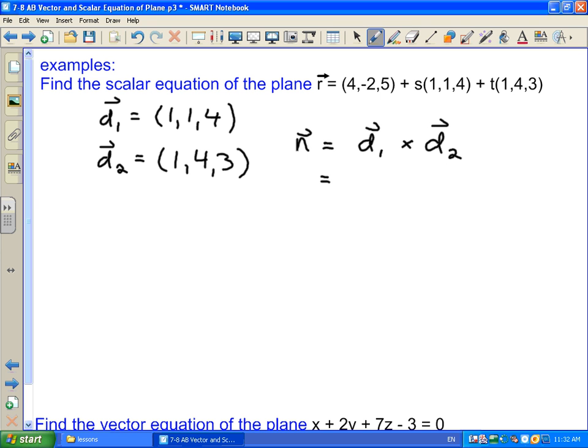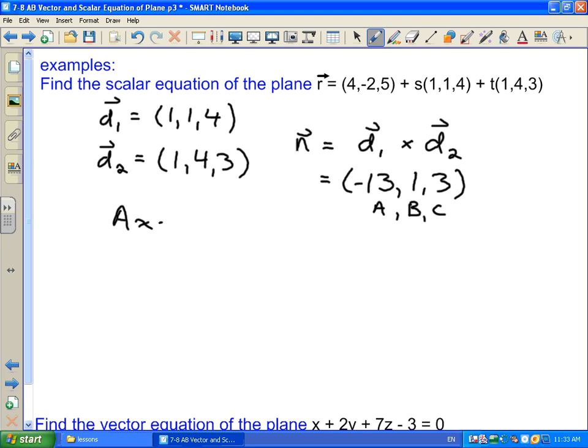Okay. So we would set up our little table here, and then we would work out the individual components. I'll just tell you that the cross product of those two is (-13, 1, 3). So now, because this gives us A, B, and C, we can start setting up our scalar equation here.